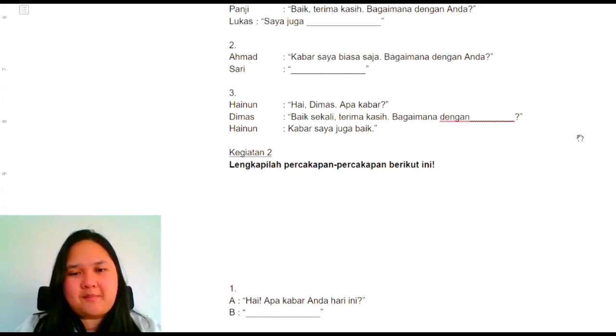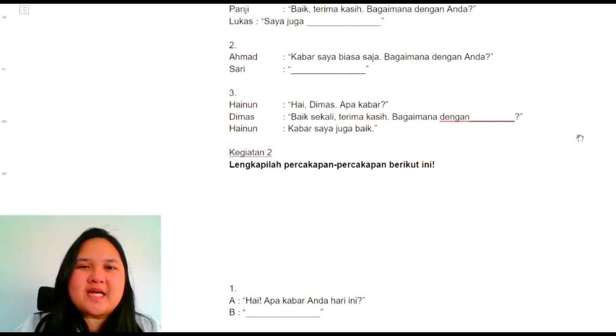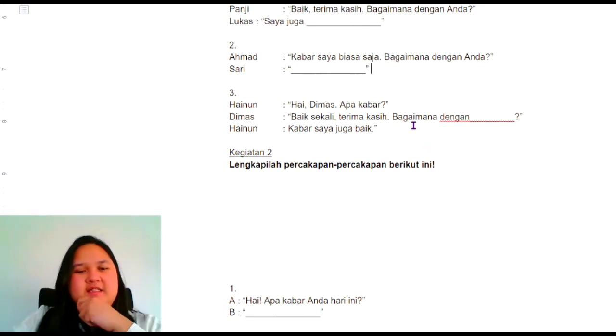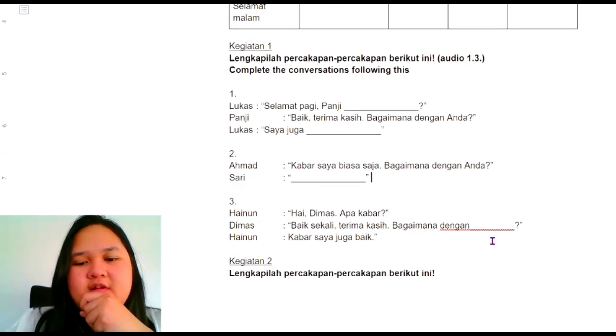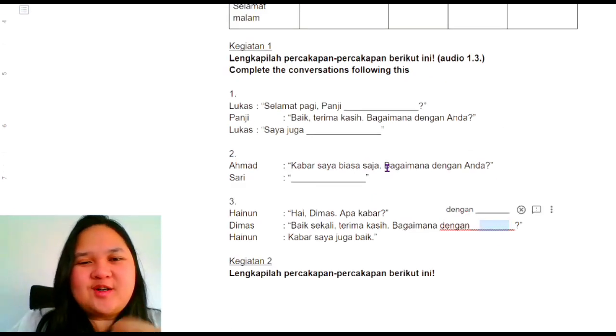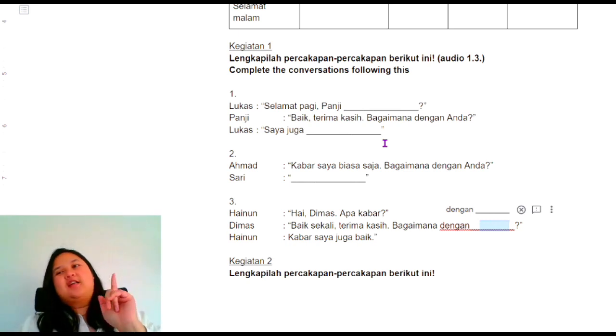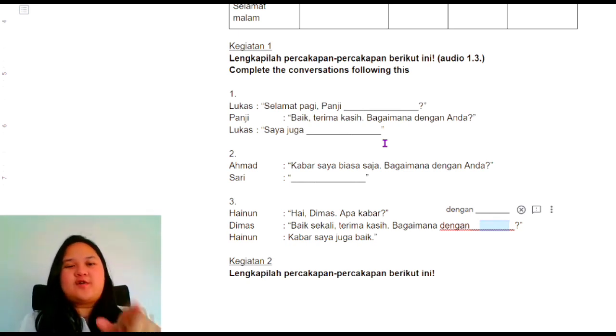Hai Dimas, apa kabar? Baik sekali, terima kasih. Bagaimana dengan kamu? Kabar saya juga baik.